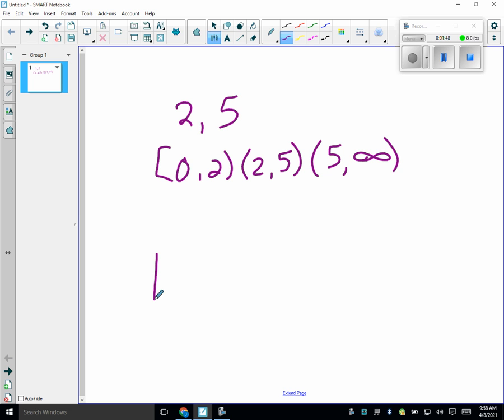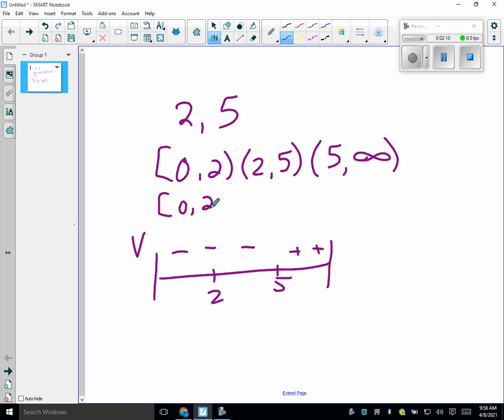So what I have for this is I have 2 and 5, and velocity, and did you get this? Then we're going to set acceleration equal to 0, and for acceleration I had 0 to 2, 2 to 4, and 4 to infinity.